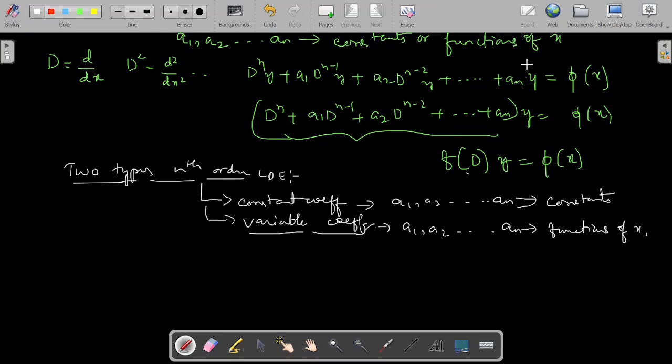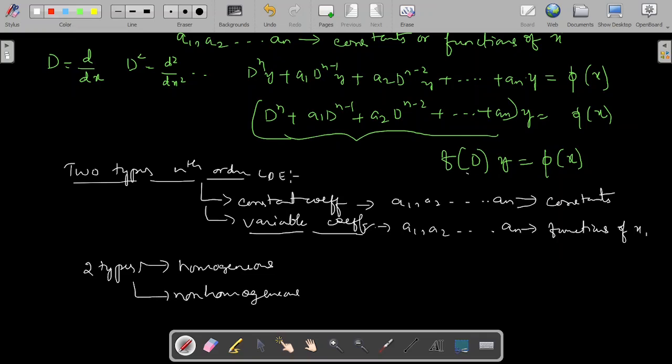Now, based on this function phi of x, there are two more types: the homogeneous differential equation and the non-homogeneous differential equation.